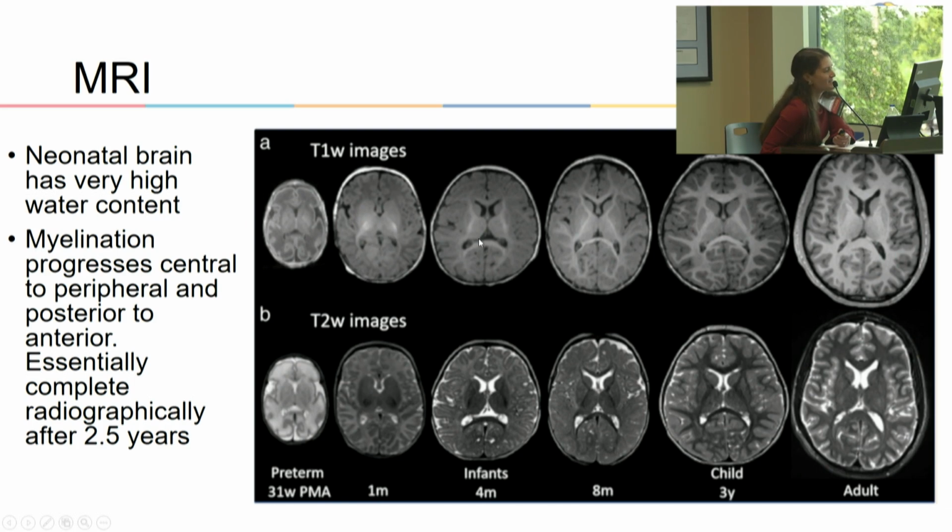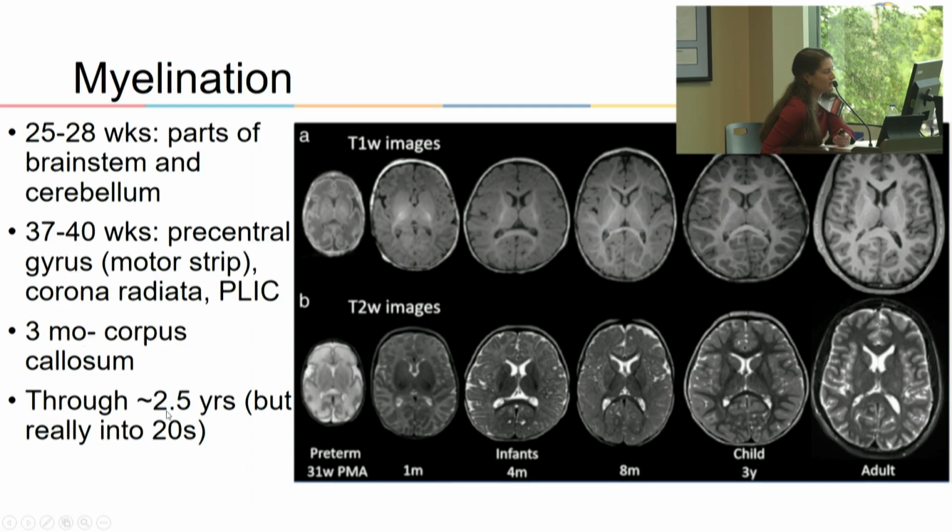So you can see that progression. Again, it's bright on the T1 images, that progression to adulthood, and then it's dark on T2 images. And it's essentially complete radiographically by 2.5 years, and I'll talk a little bit more about that in a minute.